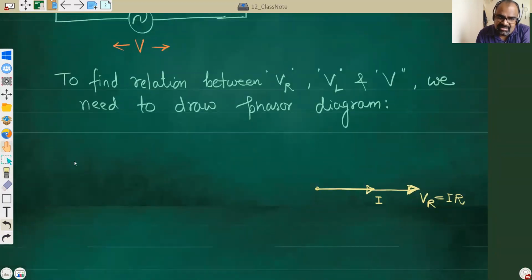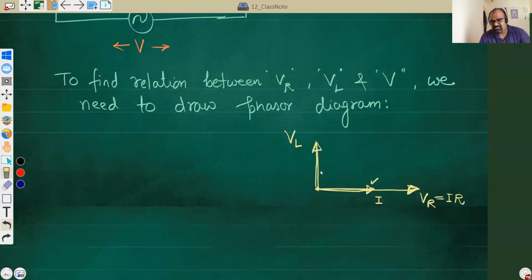Lags behind is true for a capacitive circuit, but not for an inductive one. So the VL phasor will be 90 degrees above the current, because the voltage across the inductor leads the current. And VL is equal to I into XL.